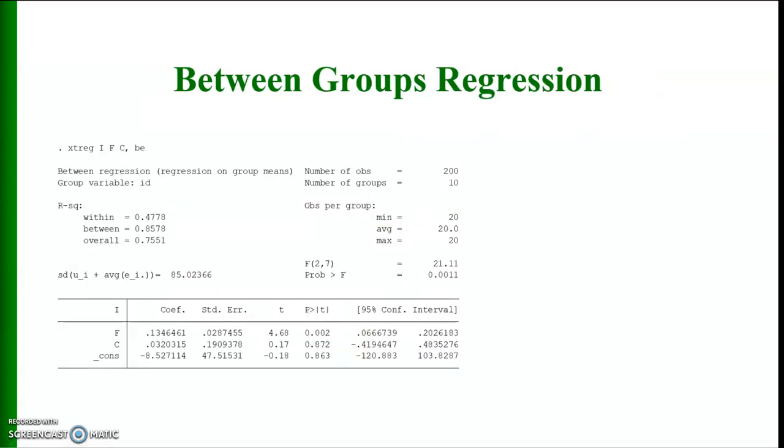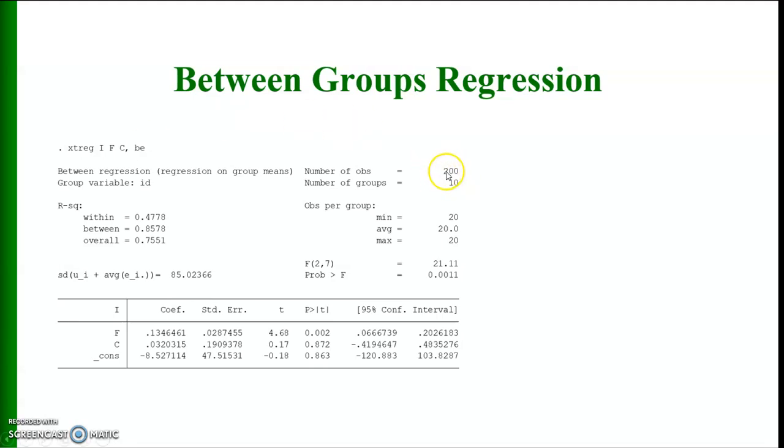This is the between groups regression, and the command for it is xtreg. We will have to declare the data as panel data and then write the dependent variable, then the independent variables F and C, and after a comma we will use be. So be stands for between regression, and between regression means regression on group means.